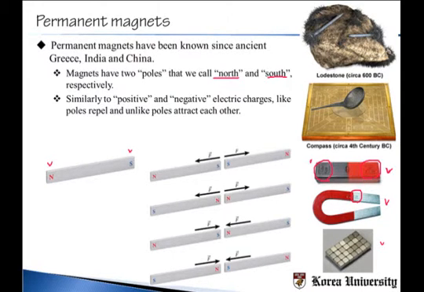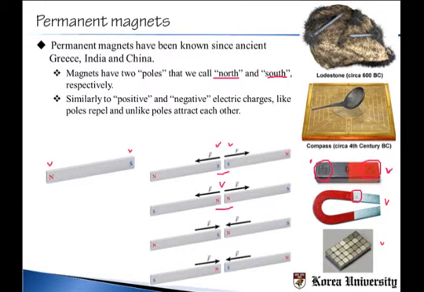So as shown here, when you have south poles close to each other, these two south poles will push away each other, right? As shown by force vectors here, okay? And then exactly the same thing will happen when you have north poles close to each other. They will again repel each other, okay?